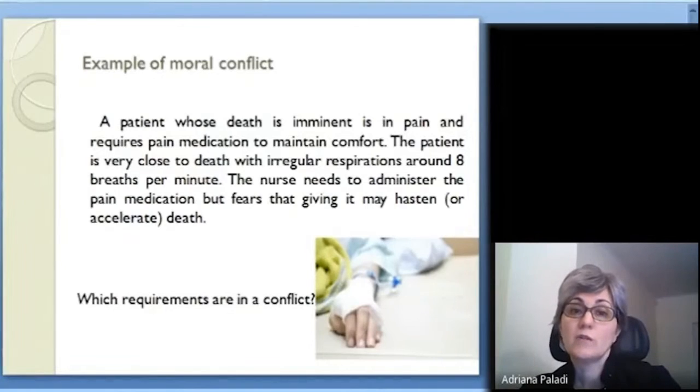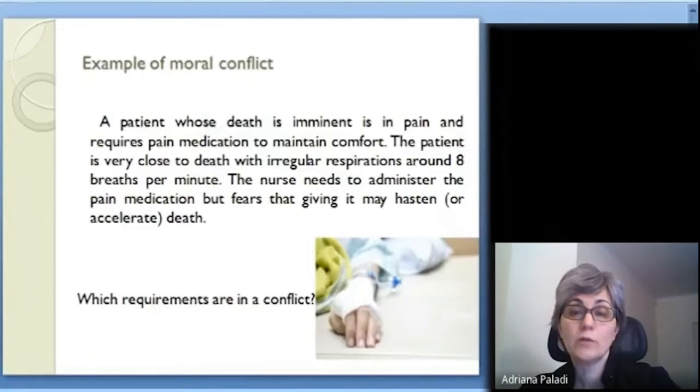and the patient is very close to death with regular respiration around 8 breaths per minute. The nurse needs to administer the pain medication, but fears that giving it may hasten death. The nurse in this situation might feel conflicting obligations, two principles: the principle of beneficence and the principle of non-harm.